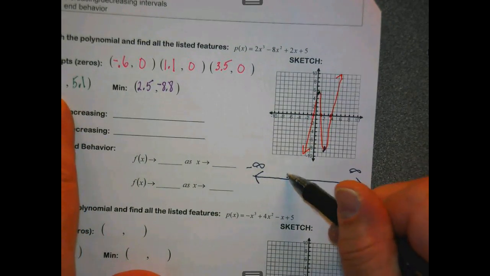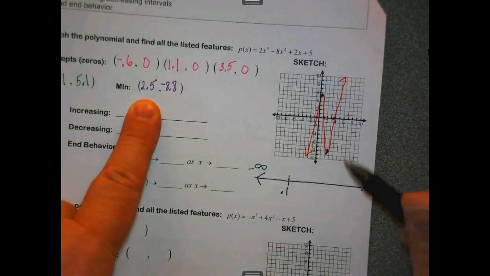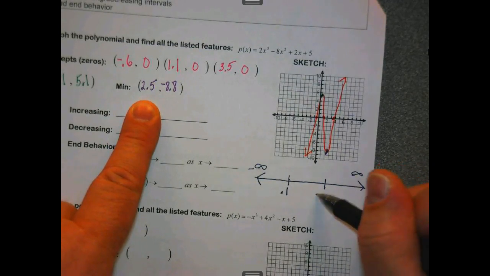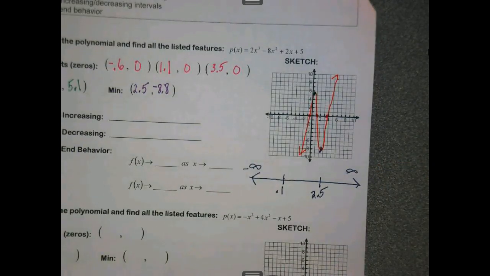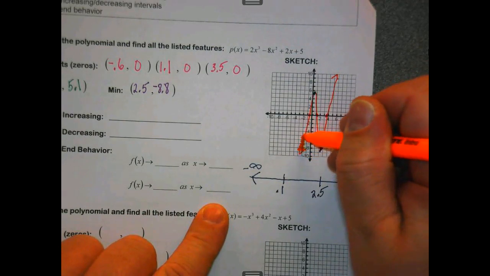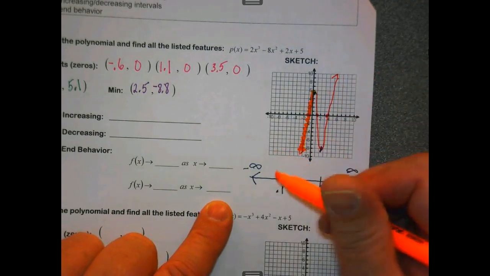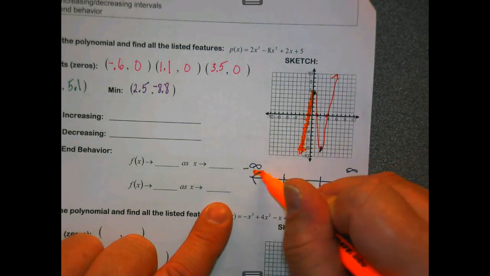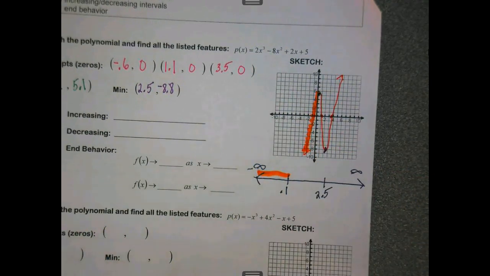Okay, so the smaller one is my 0.1, and then my bigger one is going to be 2.5. Okay, you ready? So from negative infinity, it's going to be increasing to the first x value of my max. So from negative infinity to the 0.1 is increasing.